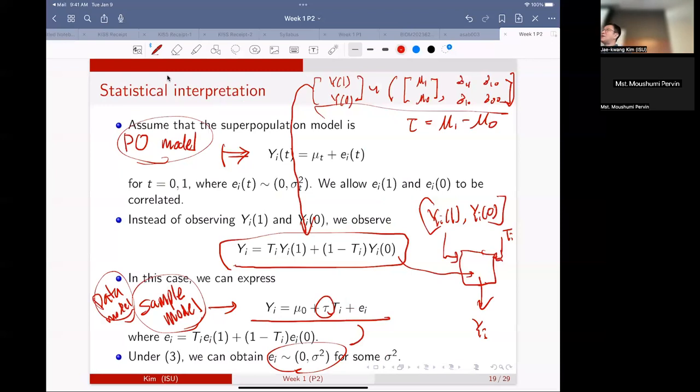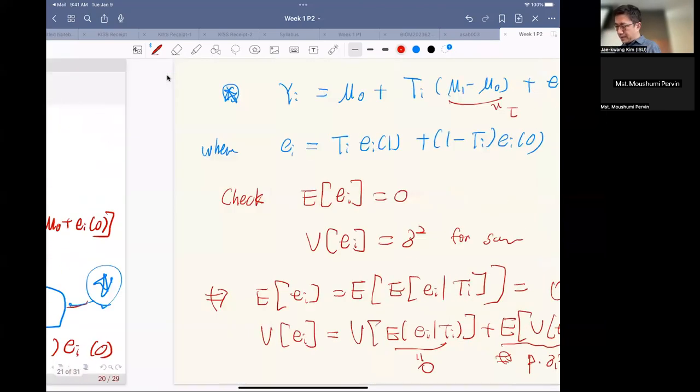So we are lucky, because tau is our goal, and we are able to derive the sample model, and the sample model contains the parameter of interest. That means we don't have to worry about all this. As long as we believe this model is true, then you just fit the regression, and the slope is what we want, right? So that is what's going on here.